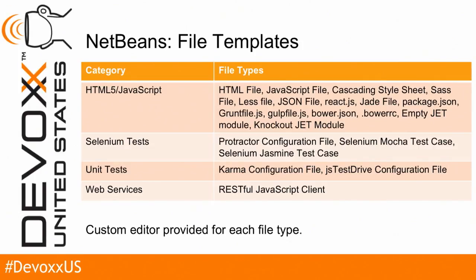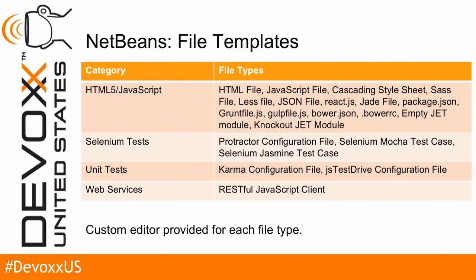One of the nice things with NetBeans is that out of the box, it's got extensive support for different file types. So it does have a JSON editor. It does support creating React JSX files. It does work with Jet. It does support different unit testing, so you can say Selenium Mocha test, and it'll actually create a file for you that's pre-populated.